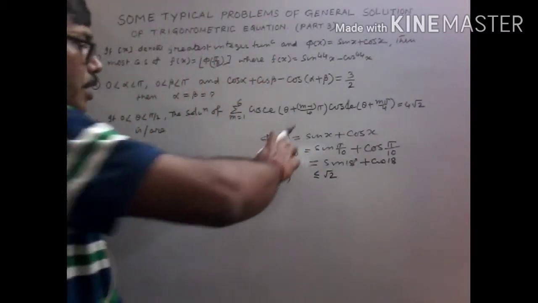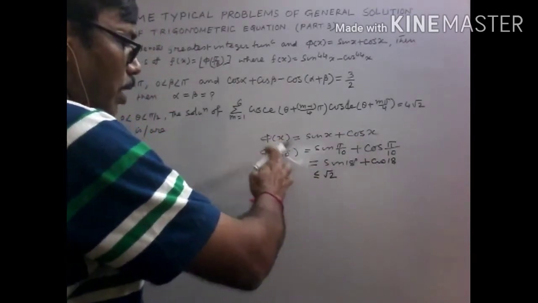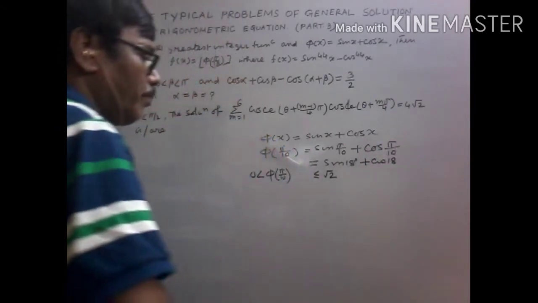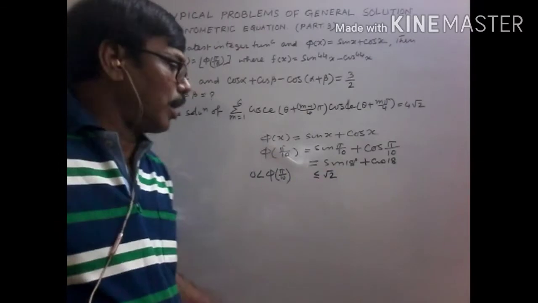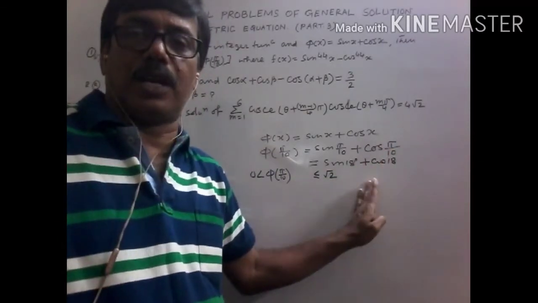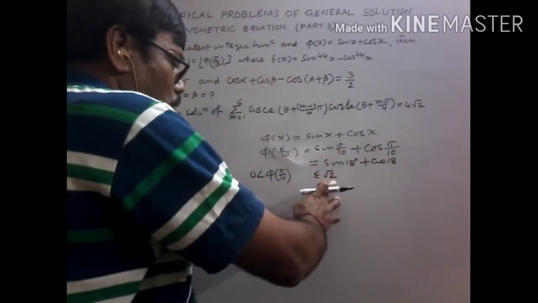Now phi(x) equals sin x plus cos x. What is phi(pi/10)? Sin pi/10 plus cos pi/10 equals sin 18 plus cos 18. So sin 18 plus cos 18 is obviously positive, greater than 0. And what is the maximum value? The maximum value is root 2.